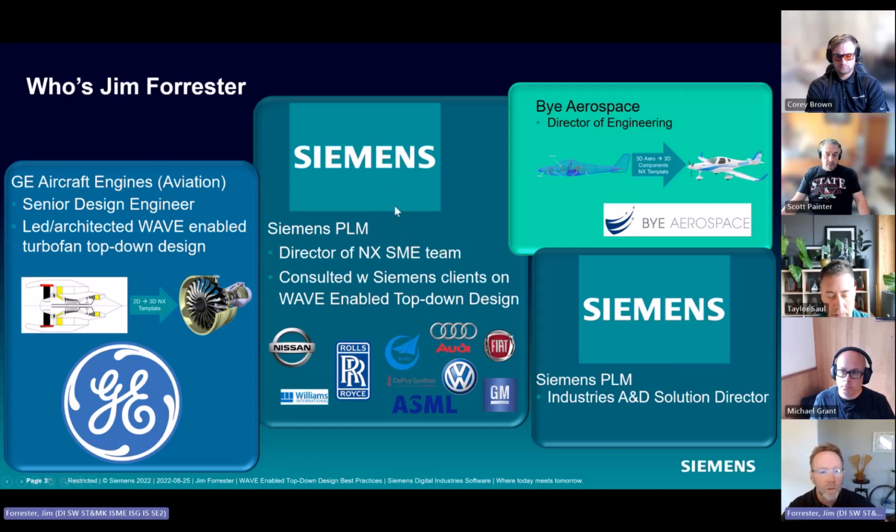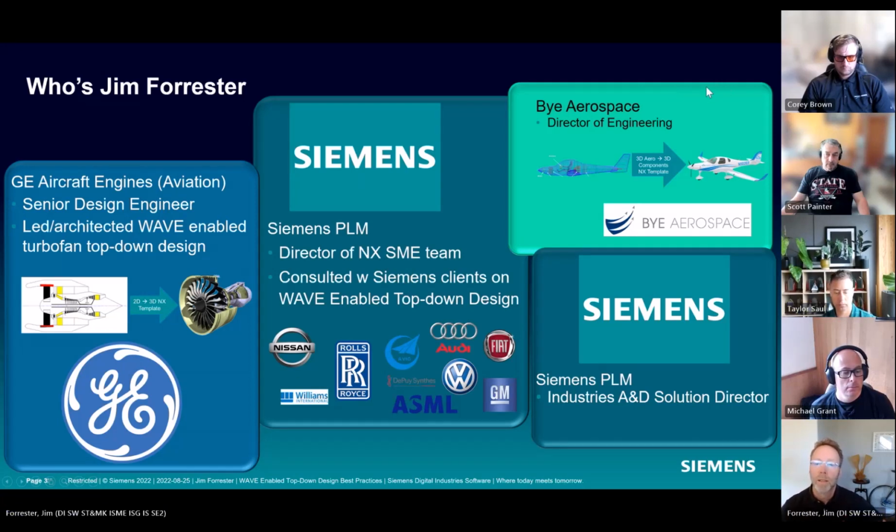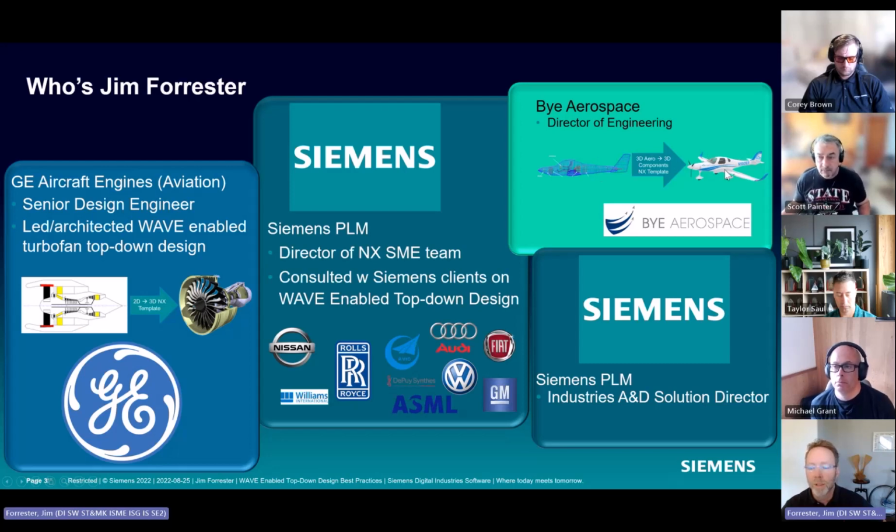I then came to Siemens, essentially consulting on wave-enabled top-down design with clients around the world, some of them being here. I then led the engineering team at Aerospace here in Denver, who were designing and certifying an all-electric plane. And we were able to associate the primary geometry to the detailed geometry.